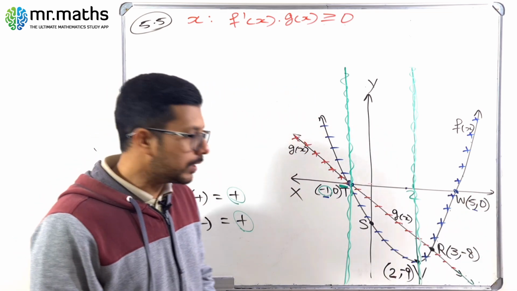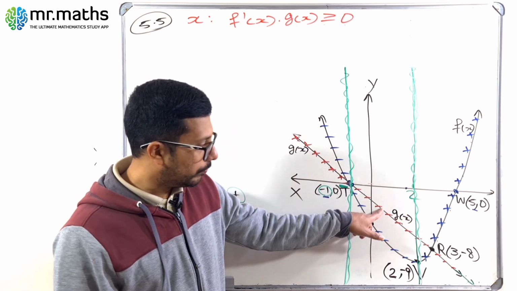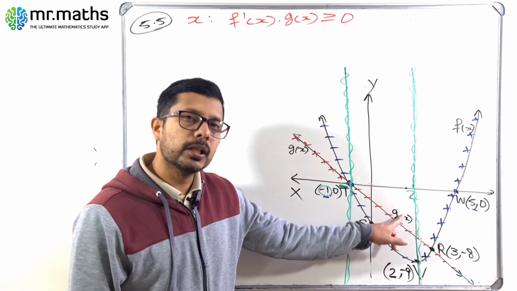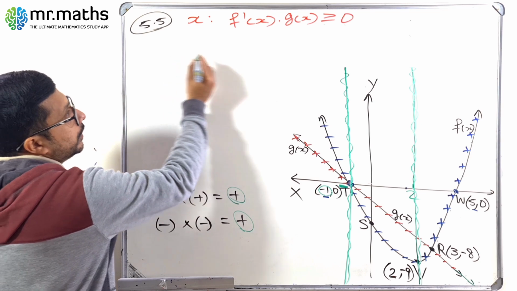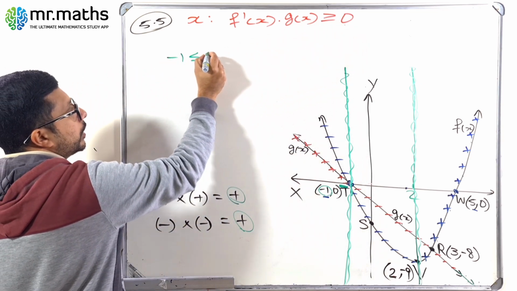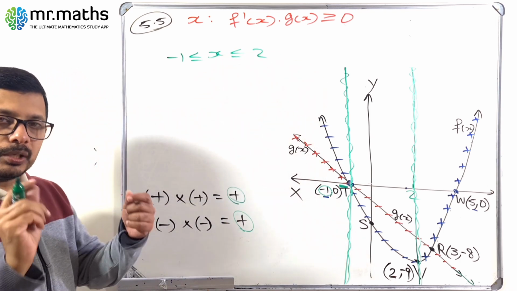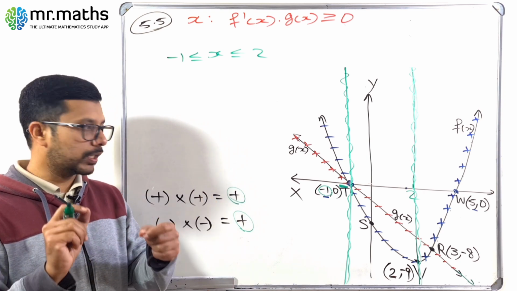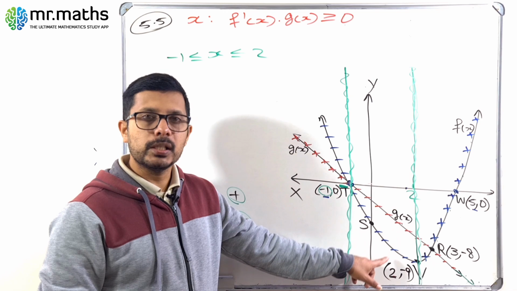So it means that only between x value -1 and 2, when you multiply f dash of x and g of x, you will get a positive answer. What you are supposed to write as the answer, since it is greater than or equal to, is -1 less than or equal to x less than or equal to 2. Between -1 and 2, when you multiply f dash of x and g of x, the answer is positive.